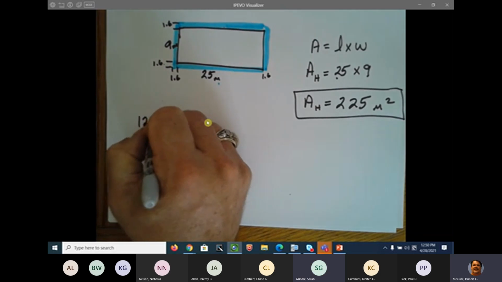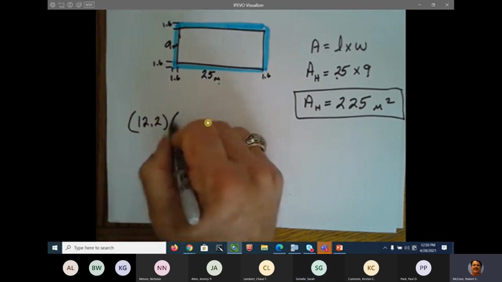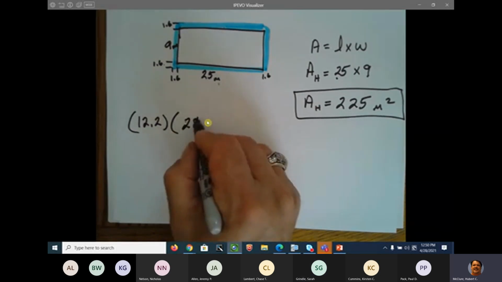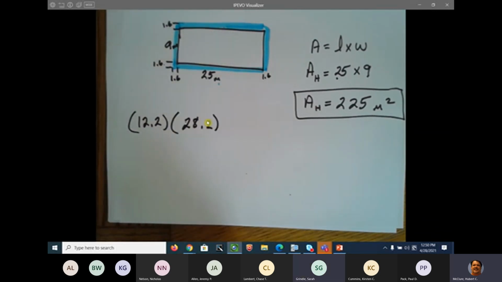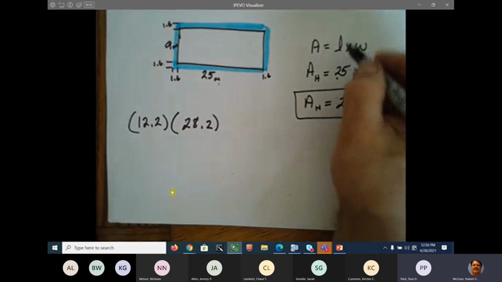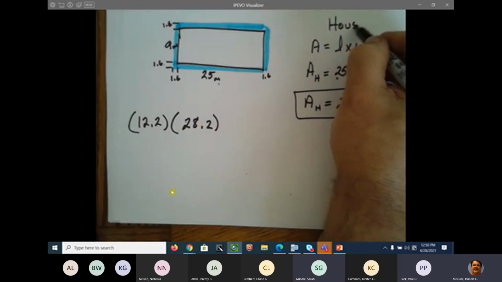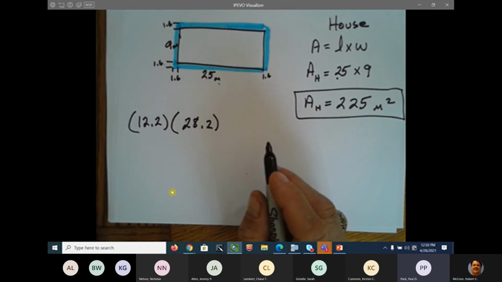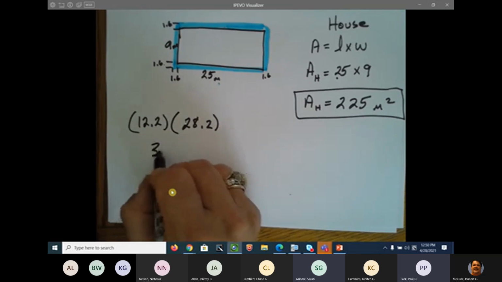So 12.2 times 25 plus 3.2 is 28.2. So somebody crank that out, please, and give me, it's not going to be 225. It's going to be more than that. This is just the house. So what do you get? 344.04. Say it one more time. 344.04.